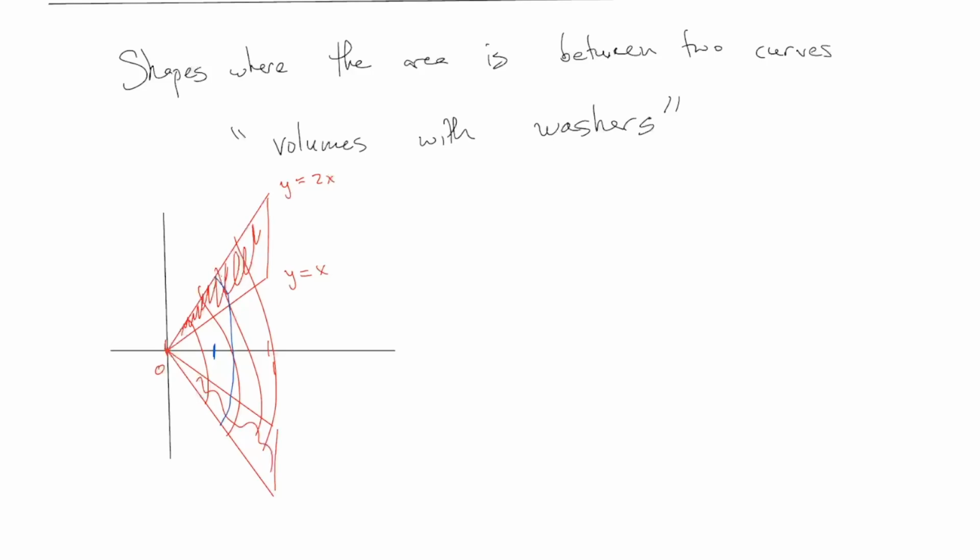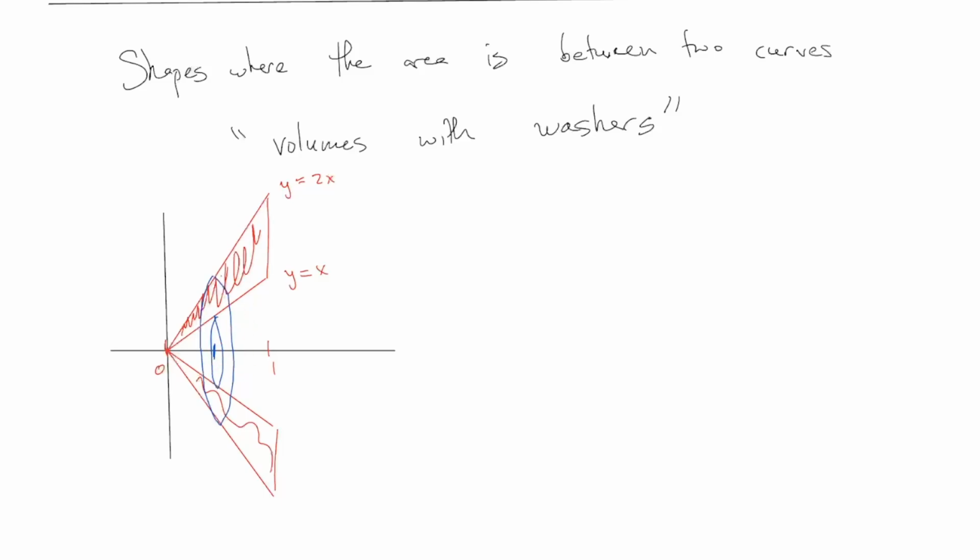Sorry, my picture is a little crowded at this point. Each slice looks sort of like one of these discs, but actually it's more like a ring with a hole through the center. If you slice this shape vertically in this picture, what you get is a round thing, but it's only an outer wall which has a gap in the middle.